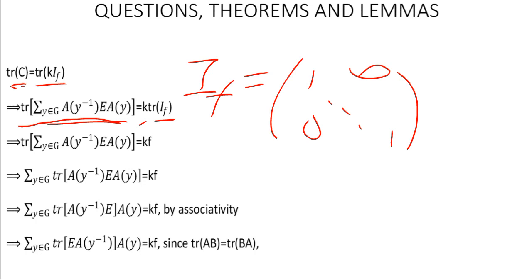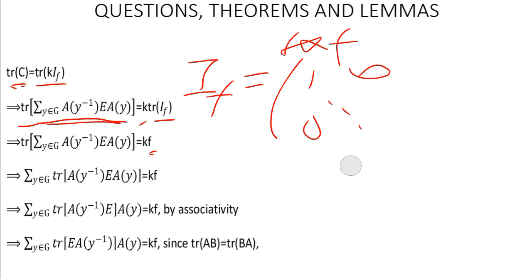How many ones are here? Definitely f of them, because it's an f by f matrix. If you sum all of the ones together, you get f. So that's how we got f for that.